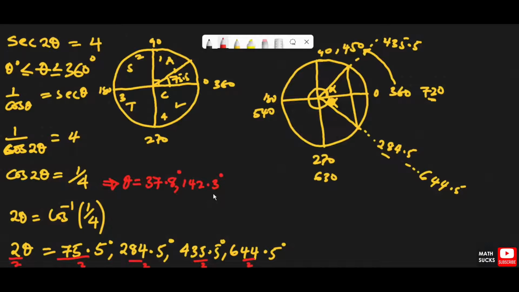Then we have 435.5 divided by 2, which turns out to be 217.8 degrees. And lastly, 644.5 divided by 2 turns out to be 322.3 degrees. So we can see that these are all the possible values for theta when sec 2 theta is equal to 4.